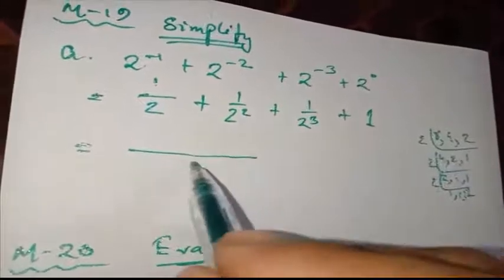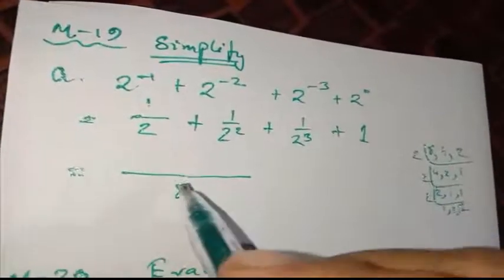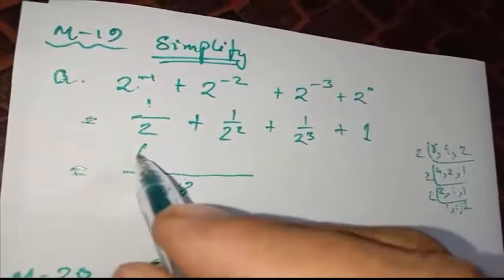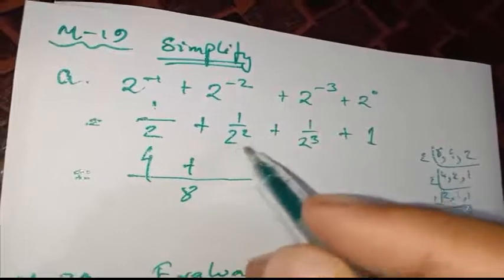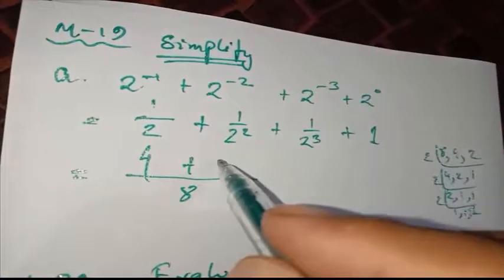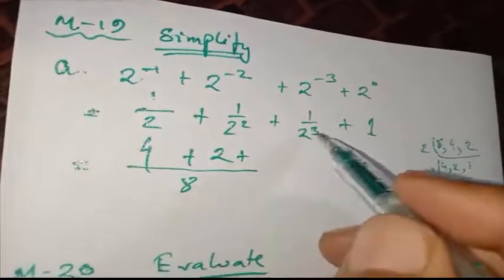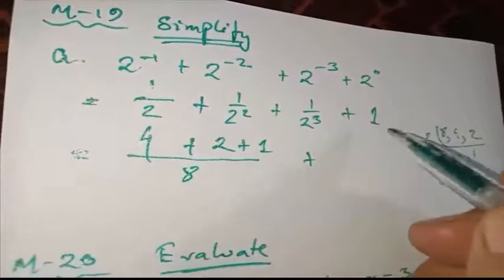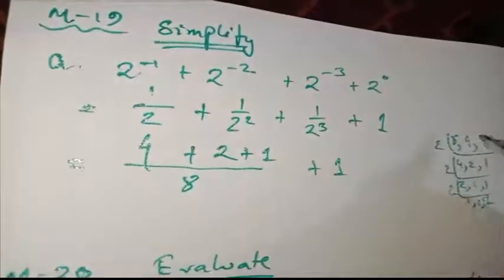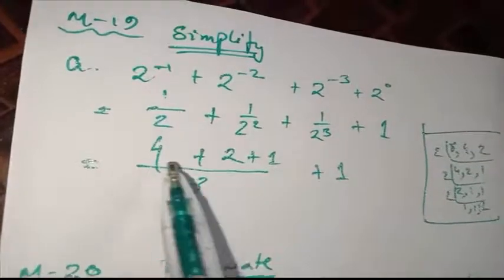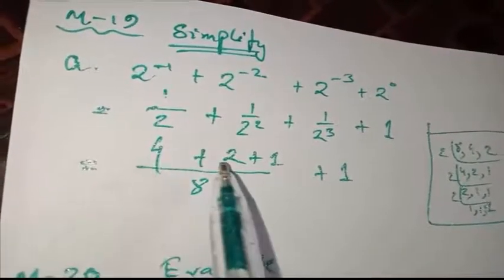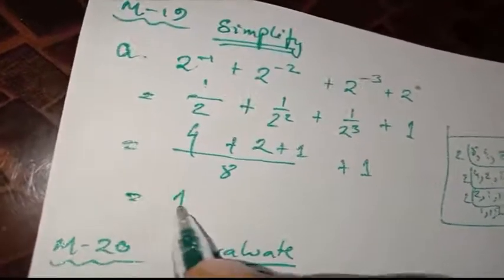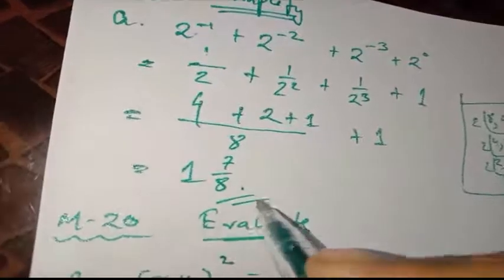So here the LCM will be 8. 8 divided by 2 is 4 into 1, that is 4, plus 8 divided by 4 is 2 into 1, that is 2, plus 8 divided by 8 is 1 into 1, that is 1, plus this 1 remains. So this will become 4 plus 2, 6 plus 1, 7 by 8 plus 1. That will become 1, 7 by 8.